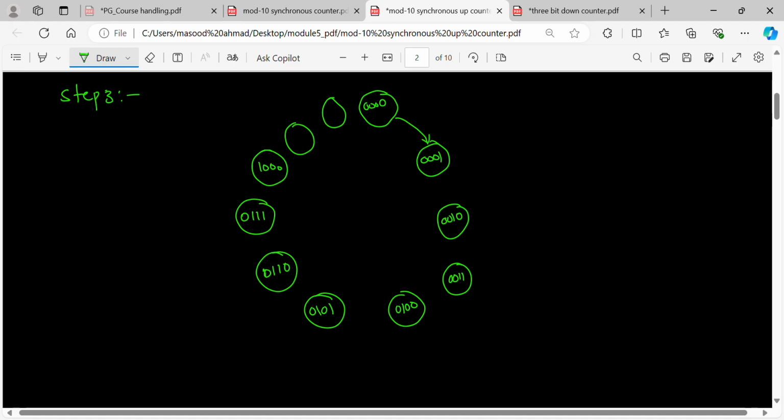So 1, 0, 0, 0 is 8. Then 1, 0, 0, 1 is 9. So we have an extra one, we will remove it. So we get 1, 0, 0, 1. So 0 to 1, 1 to 2, 2 to 3, 3 to 4, 4 to 5, 5 to 6, 6 to 7, 7 to 8, 8 to 9, and 9 back to 0.